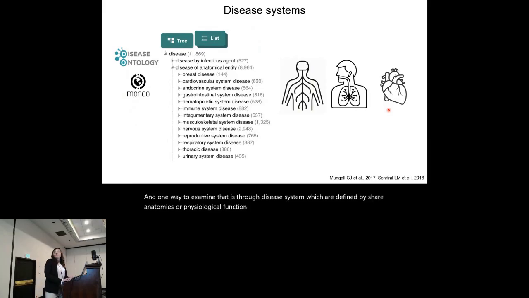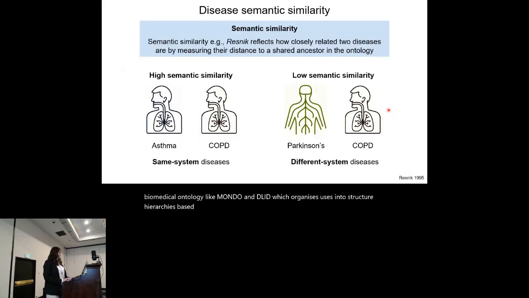These systems are formally captured by biomedical ontologies like Mondo and DOID, which organize diseases into structured hierarchies based on shared ancestry. This hierarchical structure lets us compute semantic similarities, which tell us how closely related two diseases are within the ontology based on their distance to a shared ancestor.